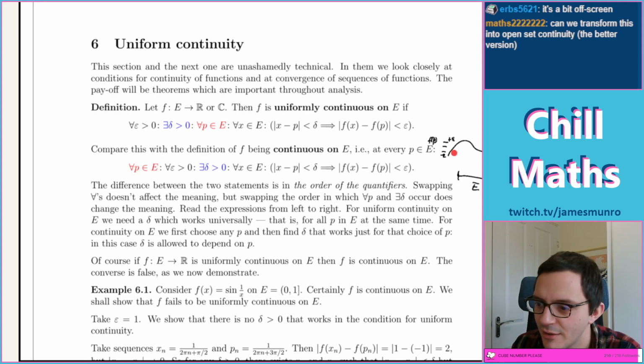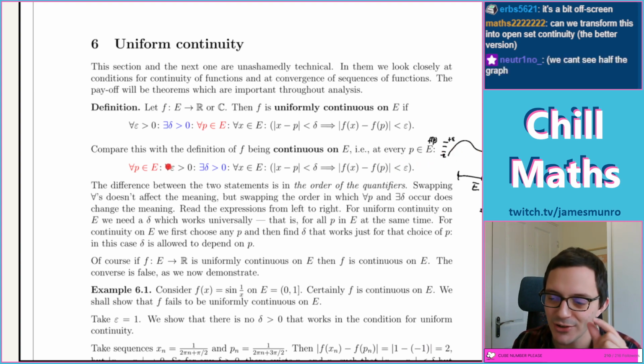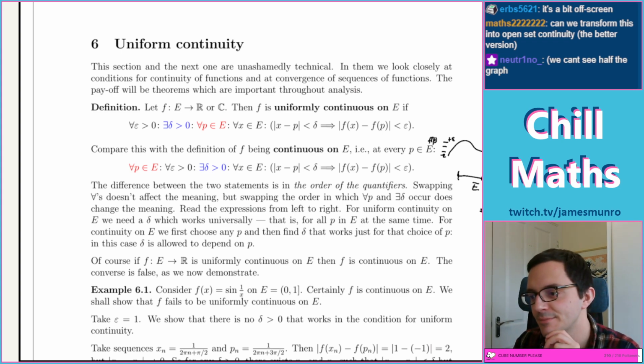And around there, you can choose some delta nearby, such that the values stay within that tolerance, such that the difference between f of x and f of p, for x some point nearby, is less than epsilon. And it's in this order so that whatever tolerance you choose, so long as you then get close enough to the point, you can do that. You can't see that half of the screen. Of course you can't, sorry.